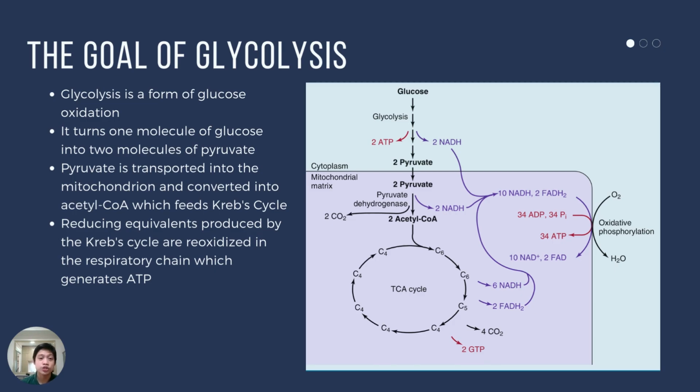Glucose is a 6-carbon sugar, and therefore, upon splitting of glucose, you will form two molecules of pyruvate, which are 3-carbon sugars.